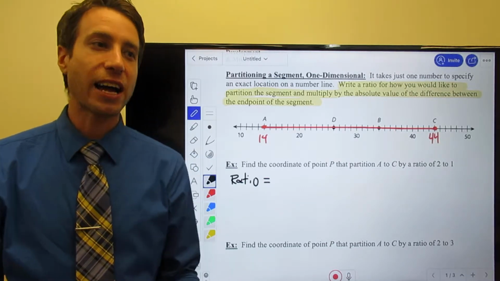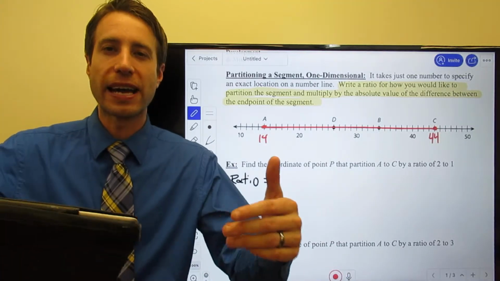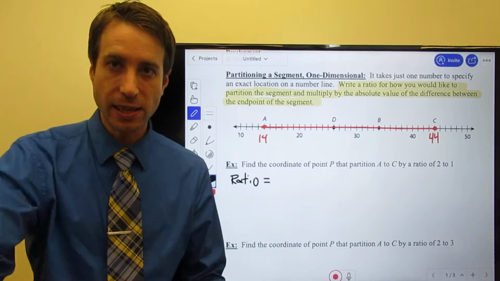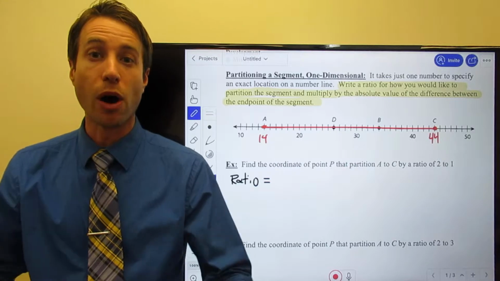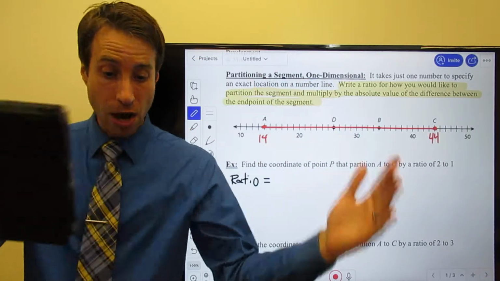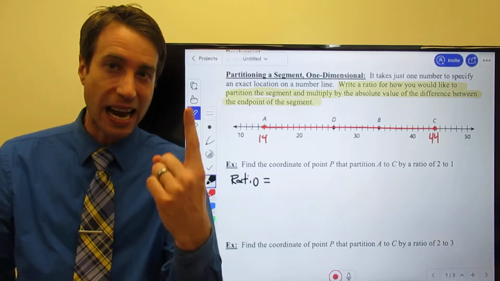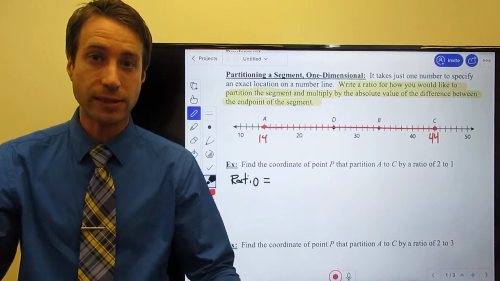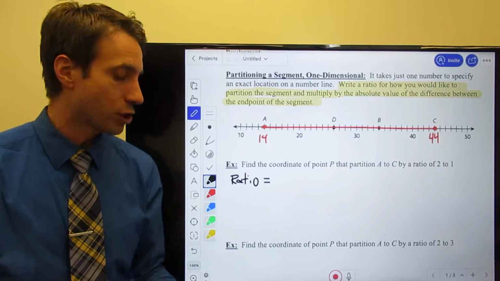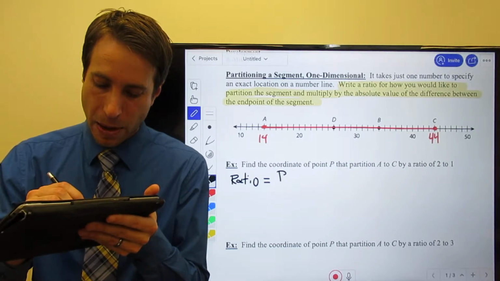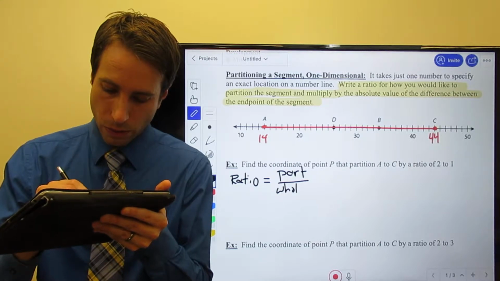If I only want 1/8 of a pizza, you would cut the pizza into 8 parts, and 1/8 of it would be one slice. So I want one piece out of the total number of pieces, which would be 8. I have 8 pieces of pizza and I only want one of them. If I want 2/8 of the pizza, you would give me 2 pieces of the 8. So that's what we're doing here. A ratio is simply the part that we want over the whole.